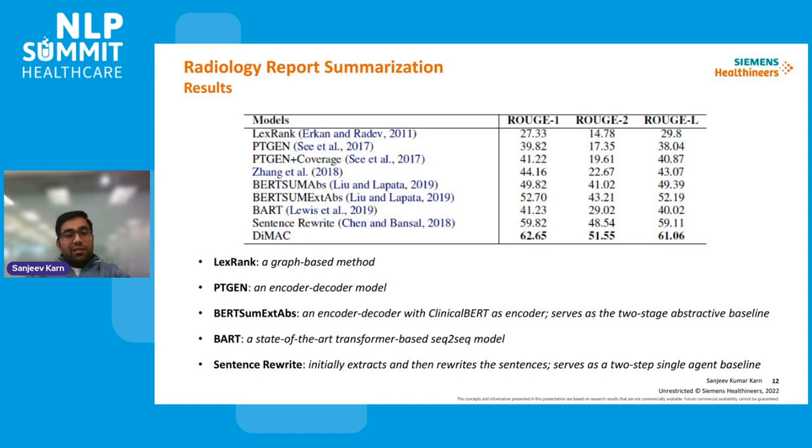Following are the results. You see, we use several state-of-the-art methods as a basis. LexRank is a graph-based extractive system which takes each sentence as a potential candidate, aligns it with other sentences, does a lot of cosine similarity, and finds the most similar sentences, clusters of sentences, and uses them as a summary.